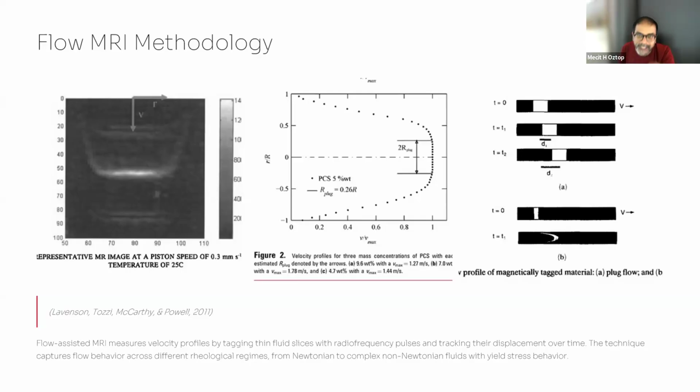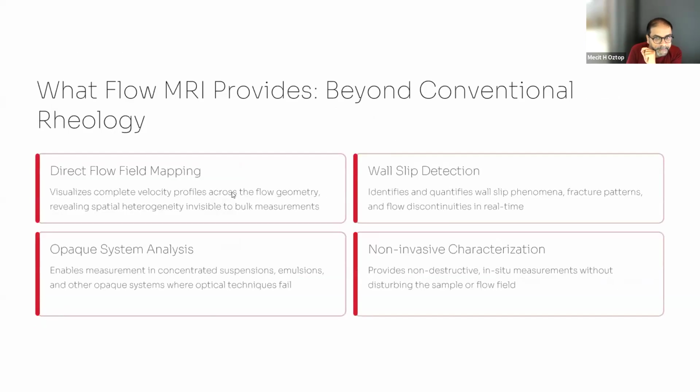And yield stress of that fluid can directly be calculated with some analysis. Okay, so we can obtain direct flow field mapping. We can obtain some wall slip conditions, which I'm also going to show some examples.